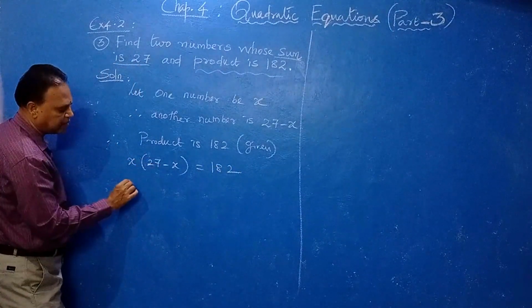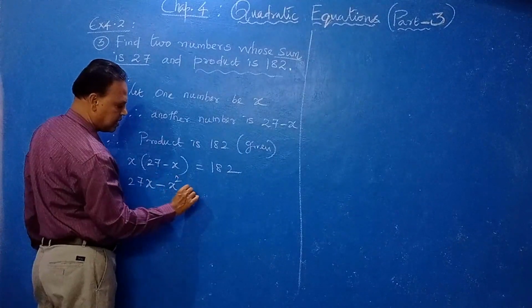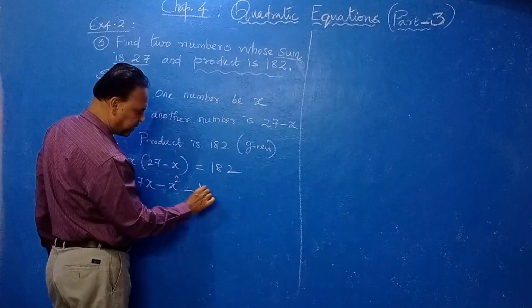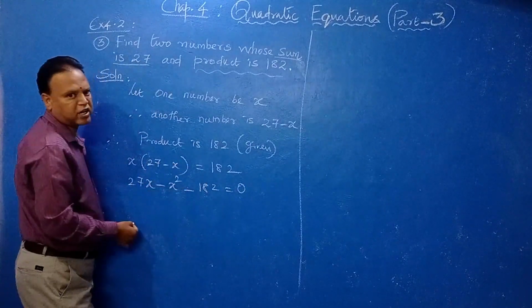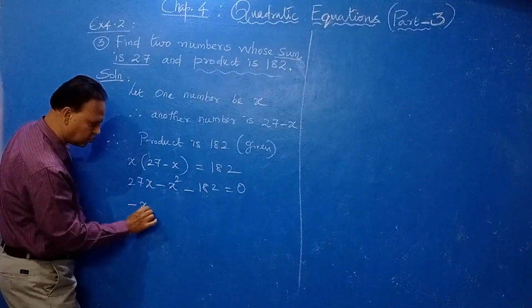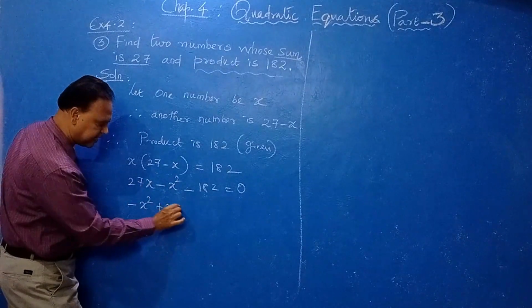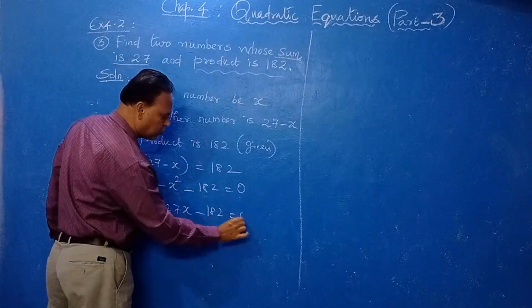Therefore, ordinary multiplication: 27x minus x square. You bring this one to this side, minus 182 equal to 0. But always you write in the standard form. That is first the x square term, with sign: minus x square plus 27x minus 182 equal to 0.